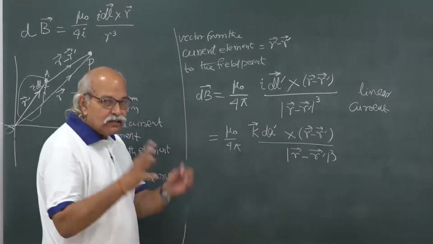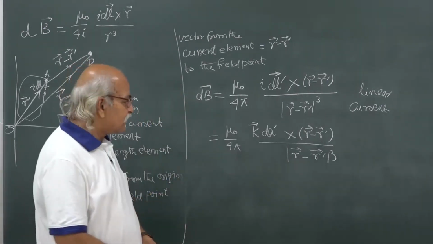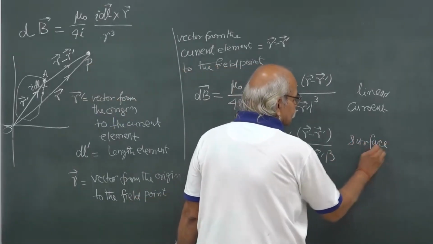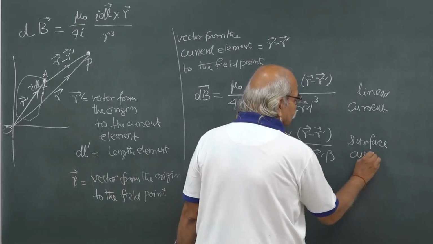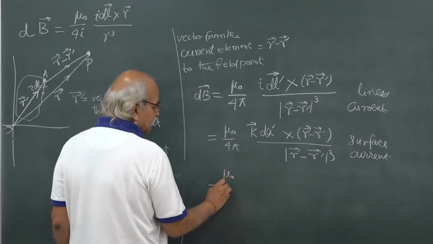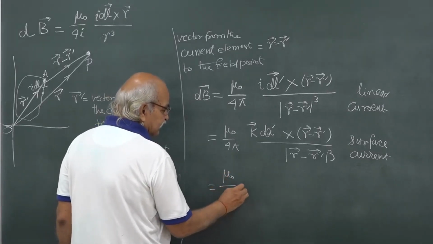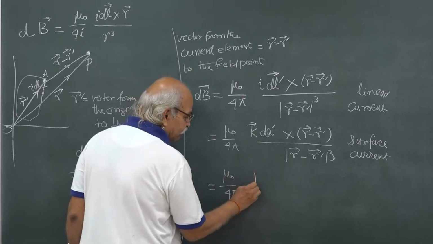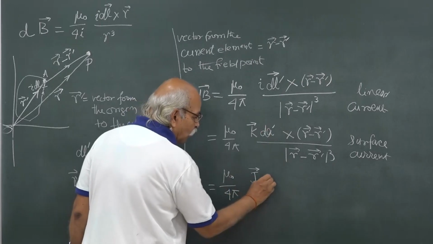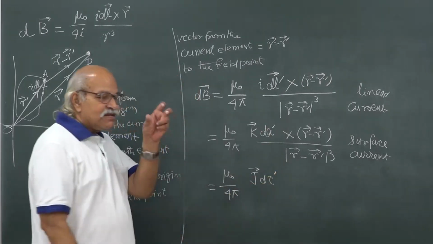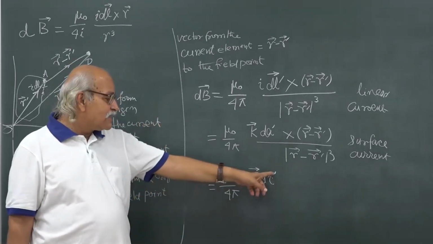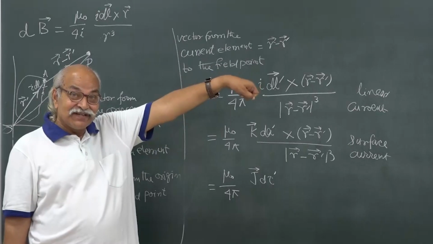If it is a volume current, you have a volume, and everywhere in the volume there are currents, then your expression will be correspondingly modified, and that will be mu naught by 4 pi, and then J, the volume current density, and this is now d tau, a small volume element, at the location r prime vector.